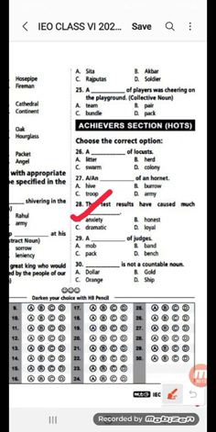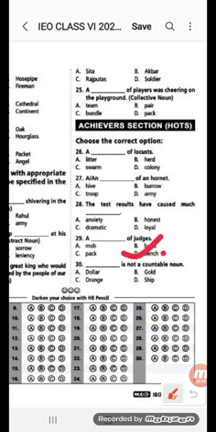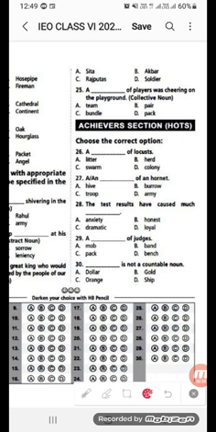Now number 29, a dash of judges. To address a group of judges, we use the term bench. So the correct example will be bench. Number 30, dash is not a countable noun. Which one is not the example of countable noun?